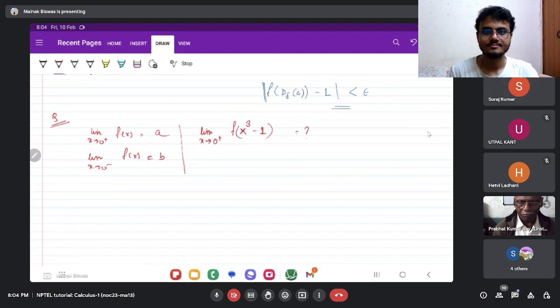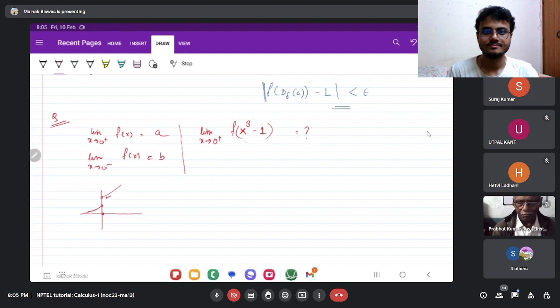So you're asking what function will it be, right? At 0 minus, you have some limit like this, say b, and at 0 plus, you have some limit as a, right? Is this okay? Okay.